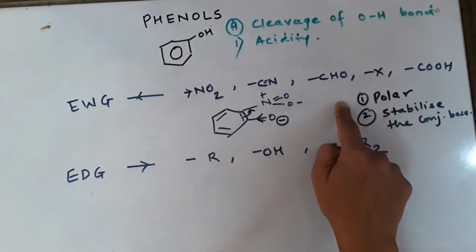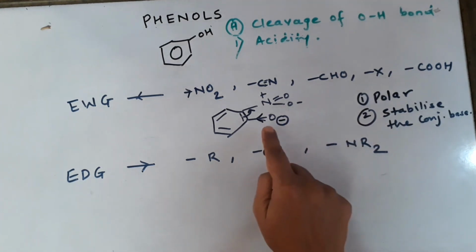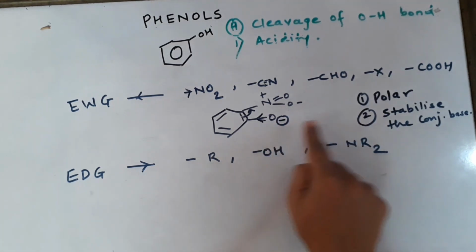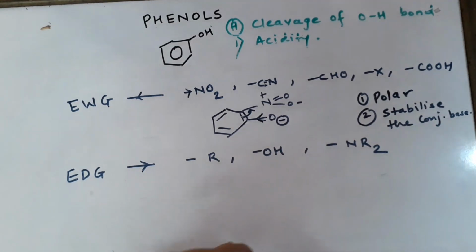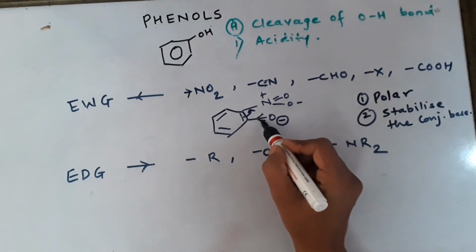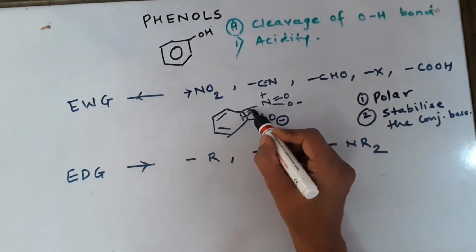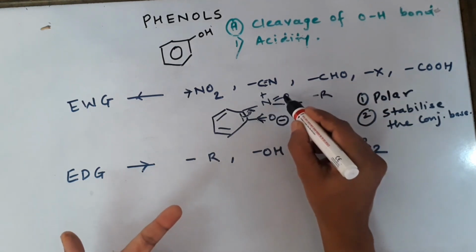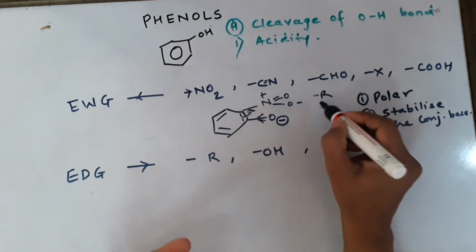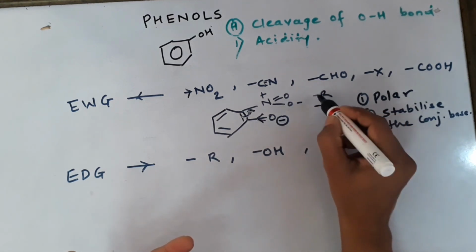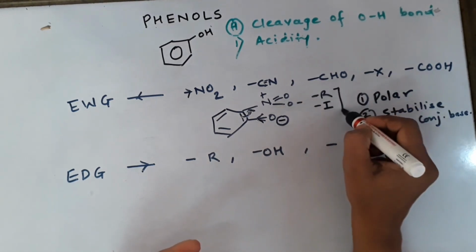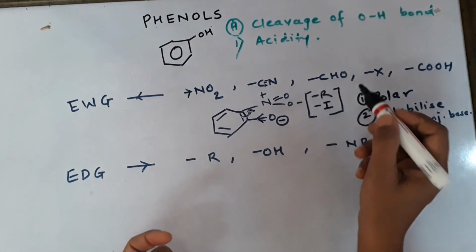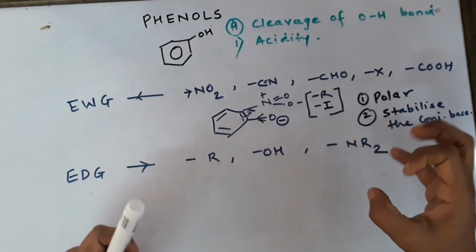Thus the hydrogen ions are released quickly, and secondly they also help in stabilizing the conjugate base by dispersal of negative charge by the phenomenon of minus R effect. For example, nitro is using minus R effect, as well as it is also exhibiting minus I effect. So these two important phenomena are there which will help in pulling the charge.